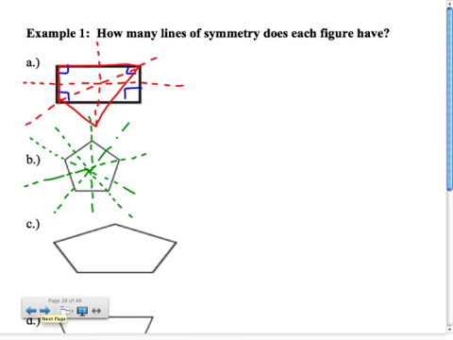So in this particular problem, there are 1, 2, 3, 4, 5 different lines of symmetry. The reason I didn't count this one right here is because it's obviously already been counted. That was the first one. So there are 5 lines of symmetry in a regular pentagon.